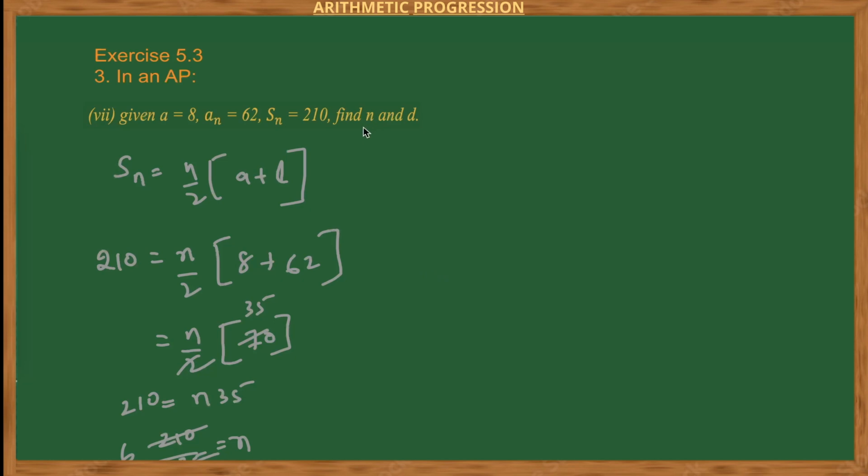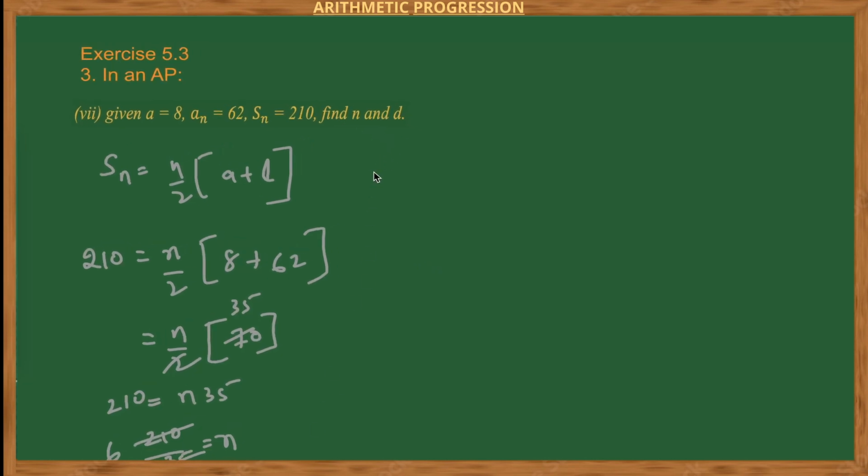We need to find the difference here. So we got n is equal to 6. Okay, so we can use this formula: An is equal to a plus n minus 1 into d. So we have the n value here, 6. Okay, one second.